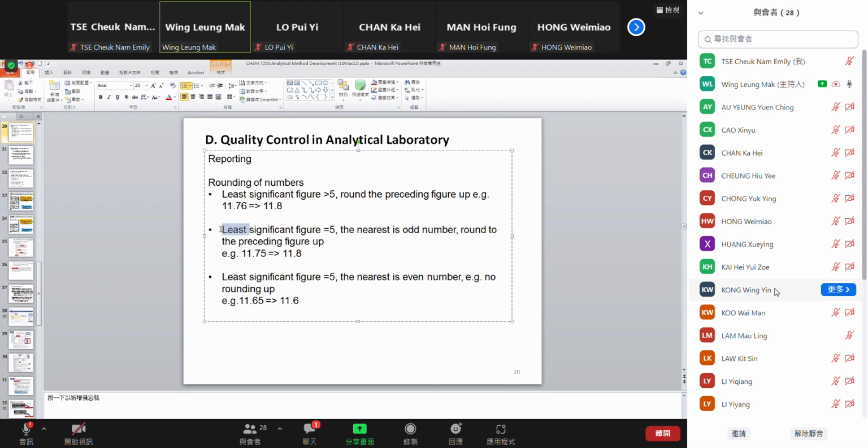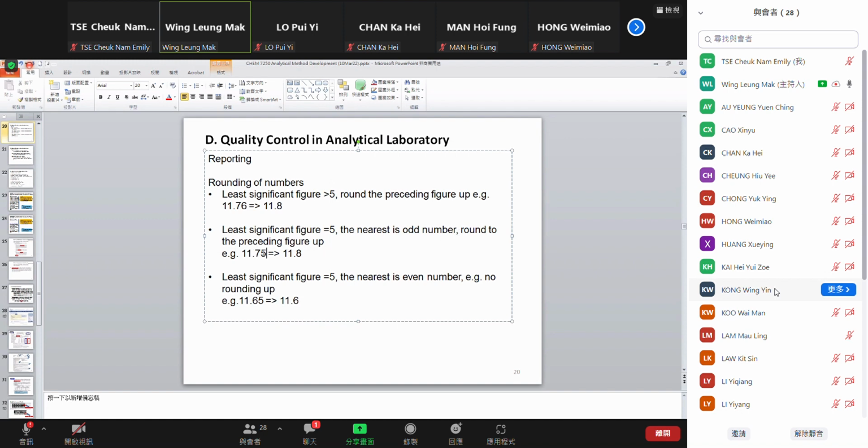But if the last figure is 5, with any other digits being 0, then look at the preceding figure. If it is an odd number, round up.